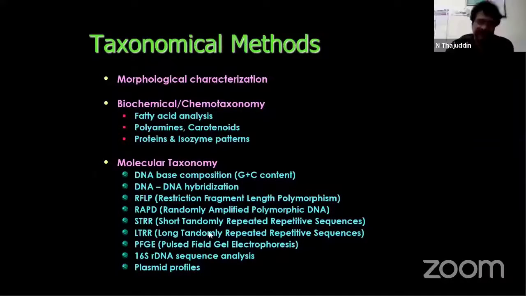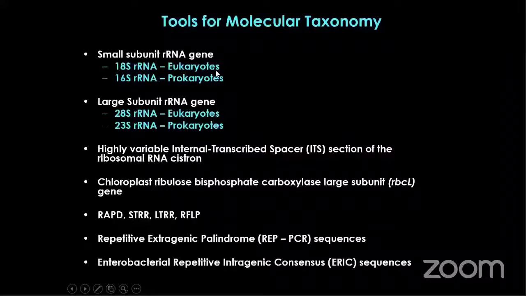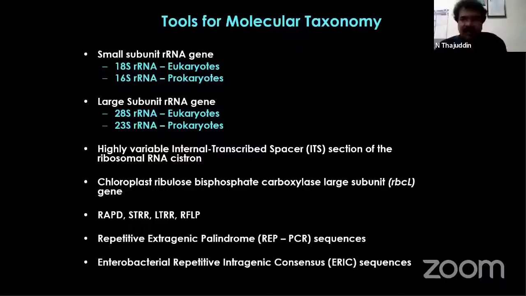In molecular taxonomy, people use 16S rRNA in the case of prokaryotes and 18S rRNA in the case of eukaryotes. There are 70S ribosomes in prokaryotes and 80S ribosomes in eukaryotes. The 70S ribosomes in prokaryotes have different RNA molecules like 16S, 23S, and 5S, and 18S and 28S in the case of eukaryotes.